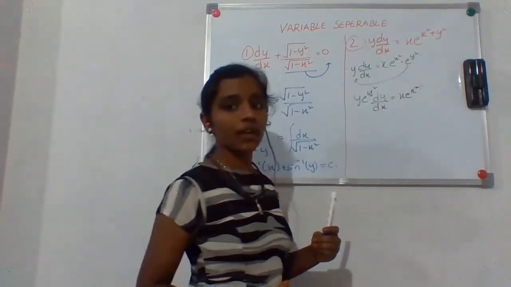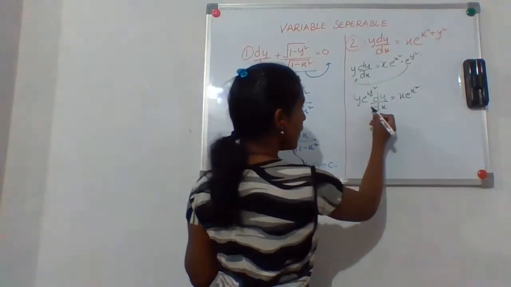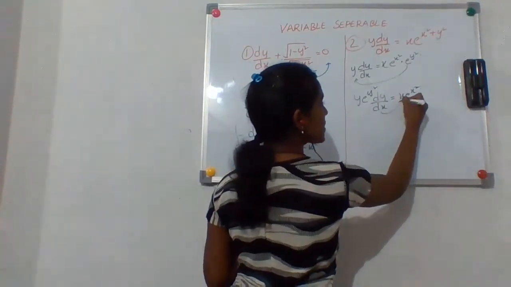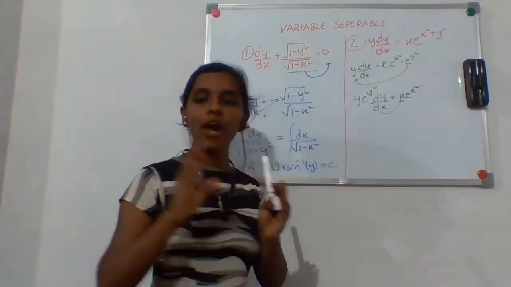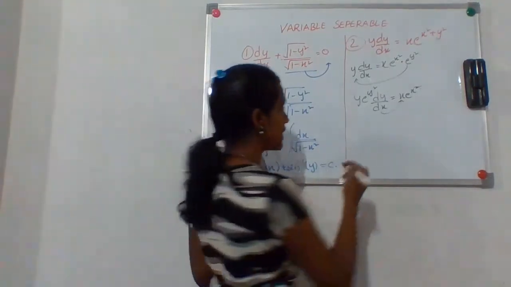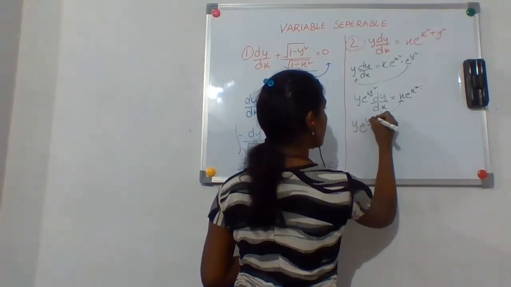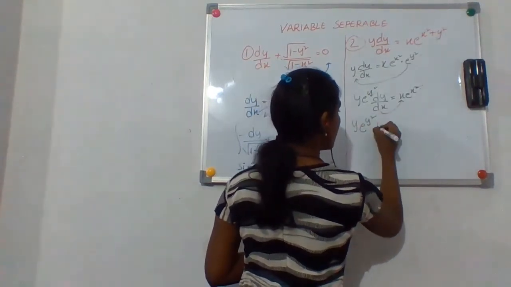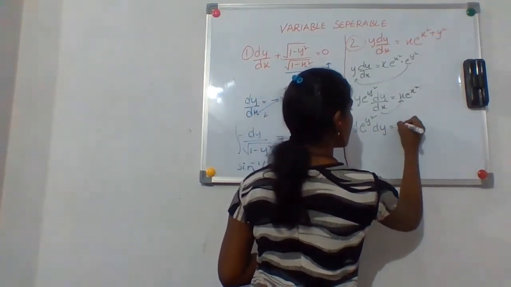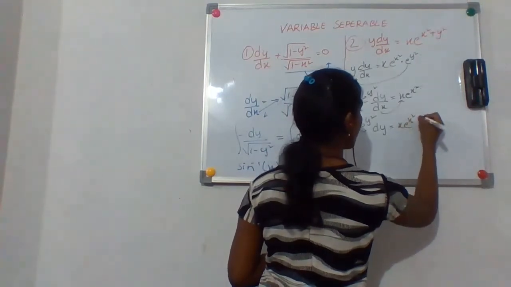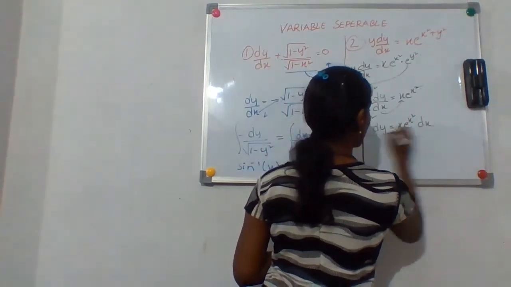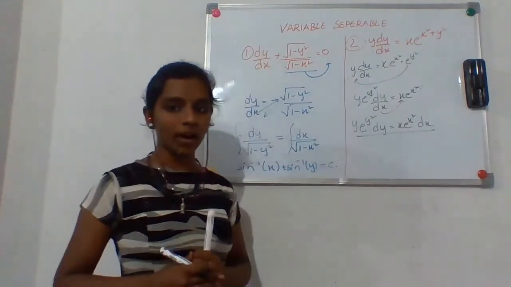And now I am going to take this dx also this side. Then completely all x will be on one side, y will be on one side. Then what do I get? Y into e power minus y square into dy is equals to x into e power x square into dx. This is what I got, right?